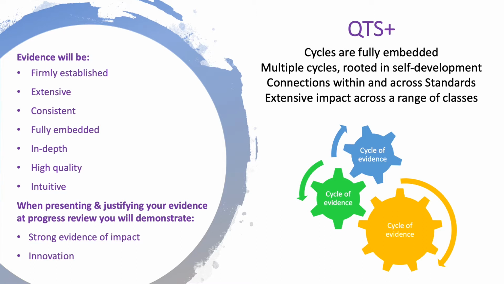So I guess the way we would characterise the evidence here is that the cycles are fully embedded, that there are multiple cycles of evidence that are going on dependent on the particular student teacher's areas of strength and areas for development. Connections, again, being made across standards, are also cyclical in nature and a routine aspect of their professional practice.